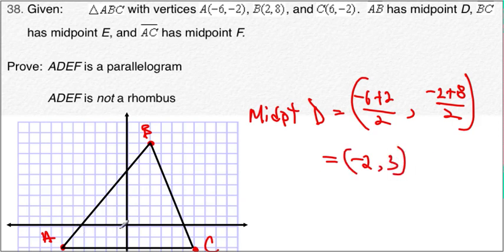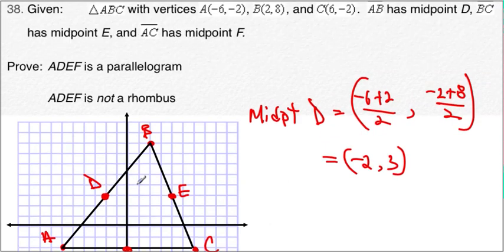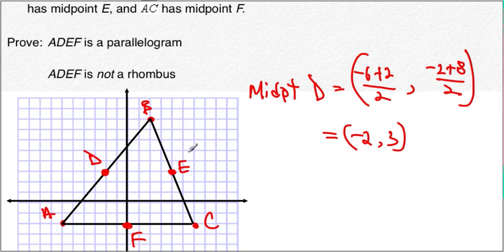So negative 2 comma 3 becomes our midpoint. Likewise, E is between those two, so this will be E, and F has to be in the middle of AC. Then it will be right over here, going left by negative 6 and right by positive 6. So this will be the last midpoint F.